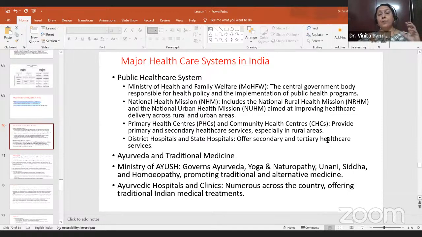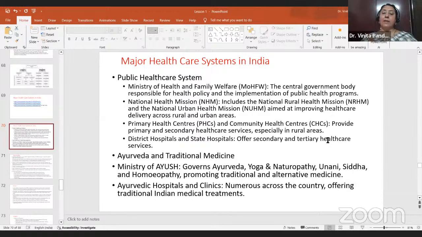Then we also have primary health centers and community health centers, which are very important components of the rural healthcare system. Community health centers are also there in urban areas. You might have heard about it. These basically provide primary and secondary healthcare services, especially in rural areas.